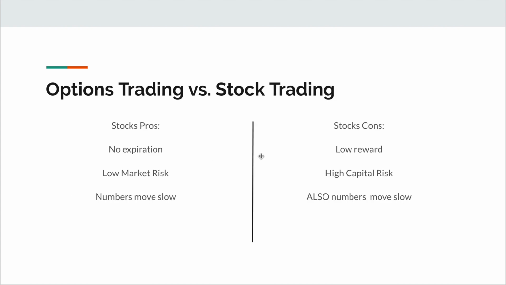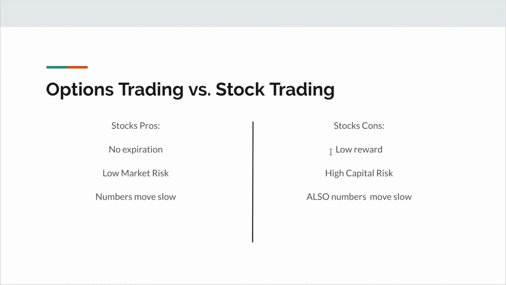Let's talk about some stock pros and stock cons. Stock pros are that there's no expiration, it's low market risk, and the numbers move slow. That is actually a good thing for a beginner. If the stock is only moving $1 or $2, that means you can lose only $1 or $2 if you own one stock. However, in a $1 or $2 move, when you hold an options contract, that can make a $50 or $70 difference in the options contract itself.